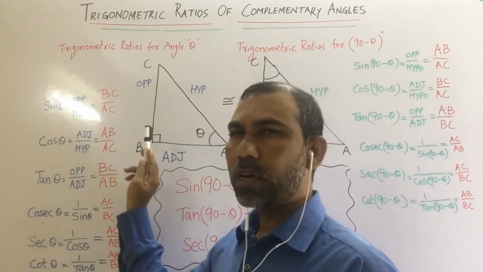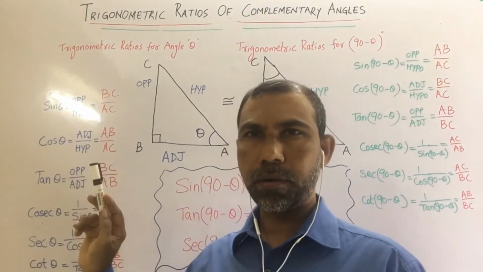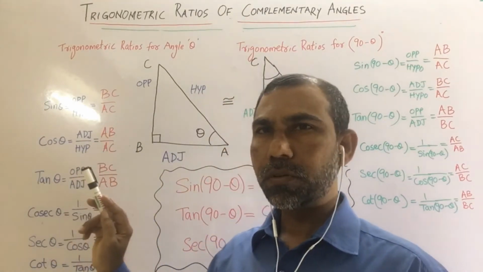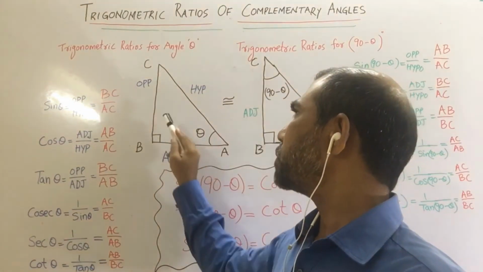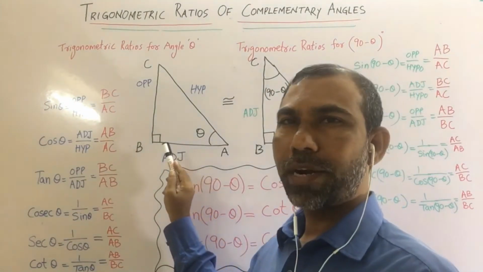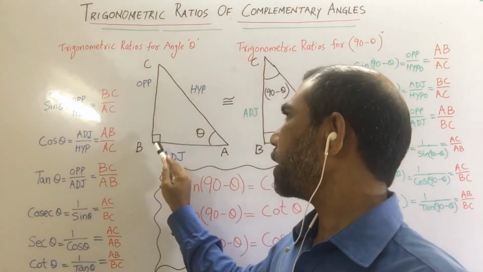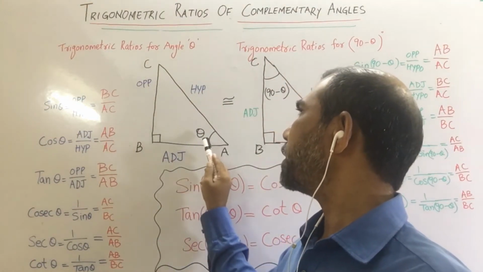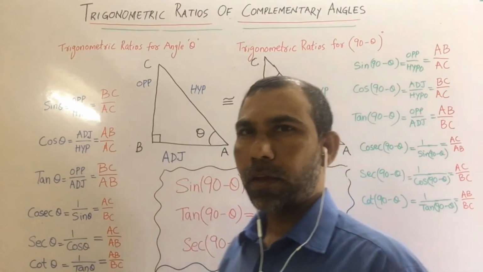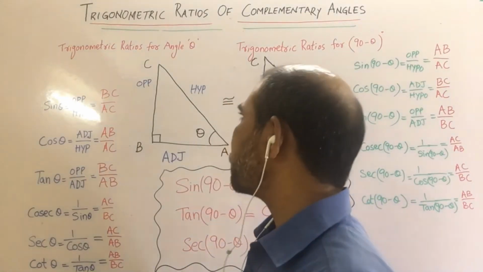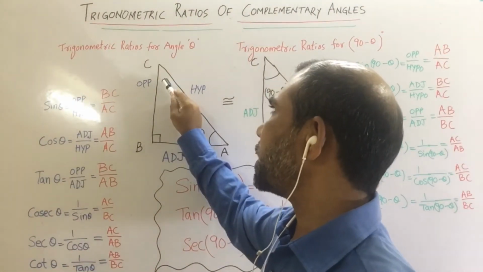So, here we are considering the same trigonometric functions with the basic definitions. The triangle ABC is a right triangle with the right angle at B, and theta is one angle which we are considering, and we have to find the angle C.